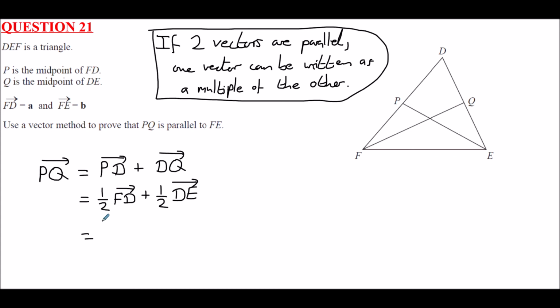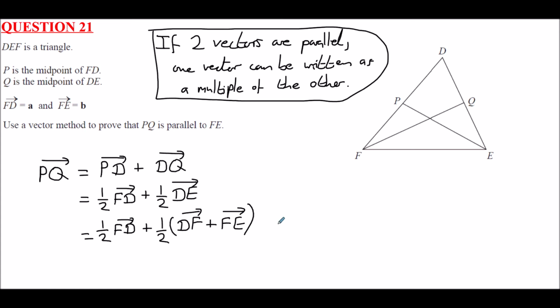I'm going to leave half FD as it is. Then to go from D to E, we could go from D to F, and it's good to get it in that form because we know a vector that goes from F to D. And then when we're at F, we can go along from F to E.